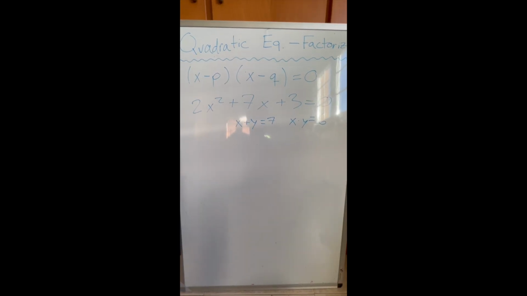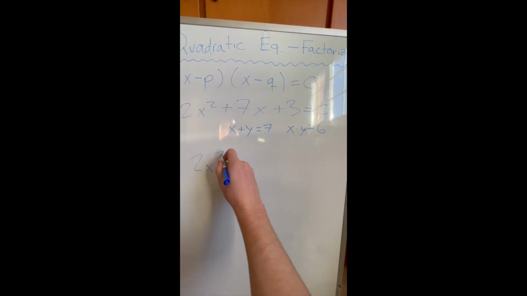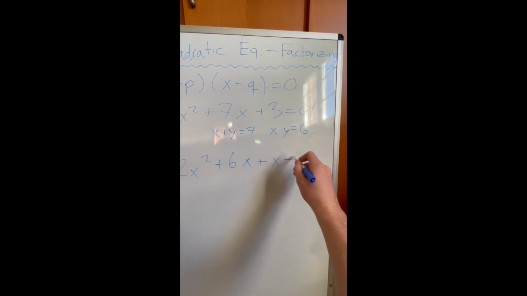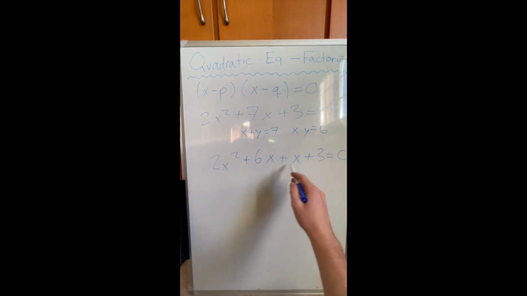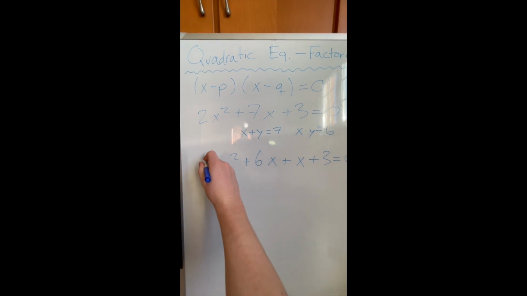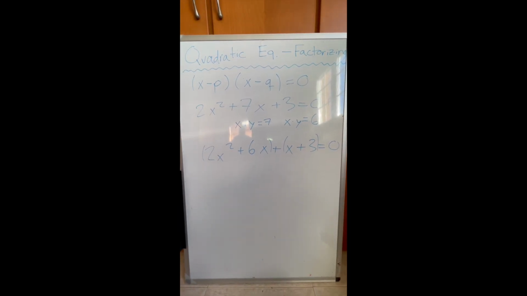Now we can start factorizing our equation. Let's divide it like so. 2x squared plus 6x plus x plus 3 is equal to 0. We have divided our b into 6 and 1. So we can say that this is true.